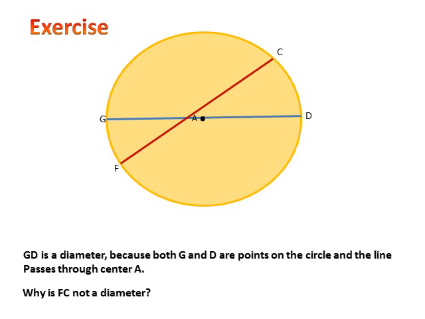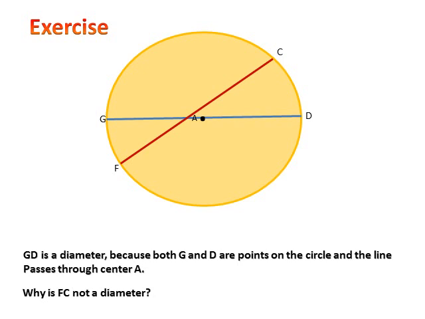Why is FC not a diameter? Since F and C are points on the circle and there's a line connecting them, why is it not a diameter? The reason is that it did not pass through point A. It did not pass through the center.